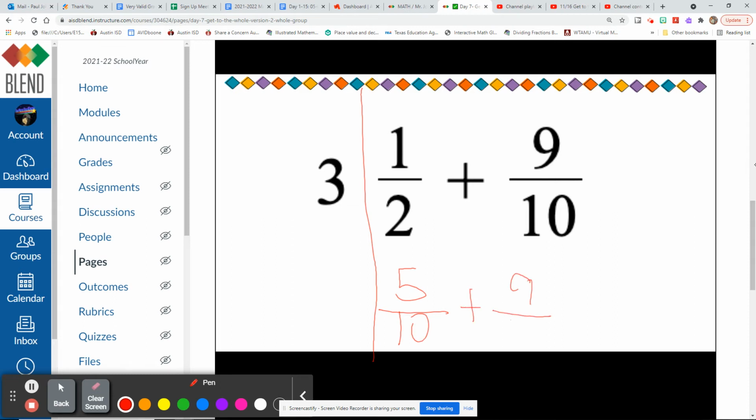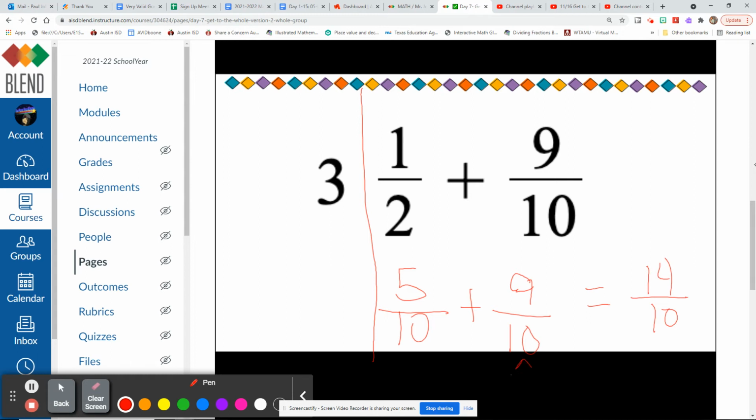5/10 plus 9/10. Remember, last week we would have gotten 14/10 as one way to look at it, and then we could simplify from there. Or before you get to 14/10, you could think about what would make 10/10.